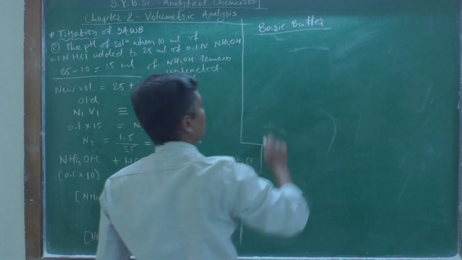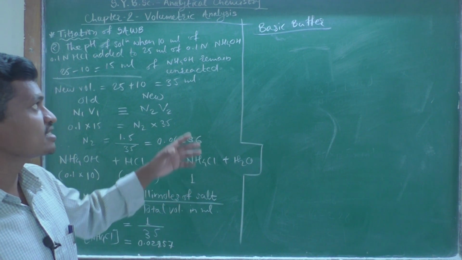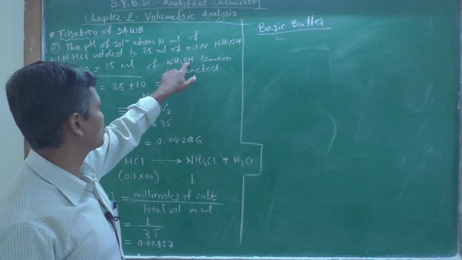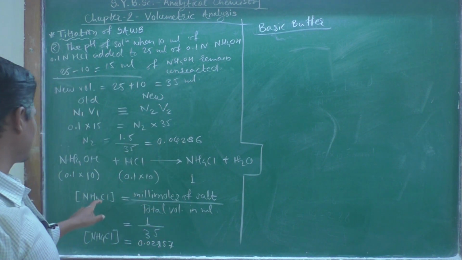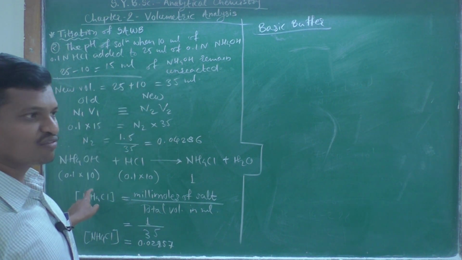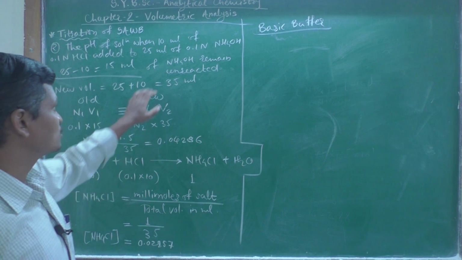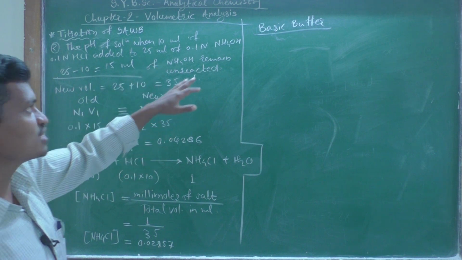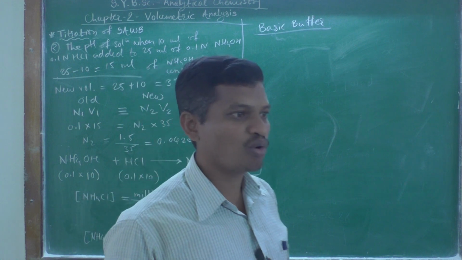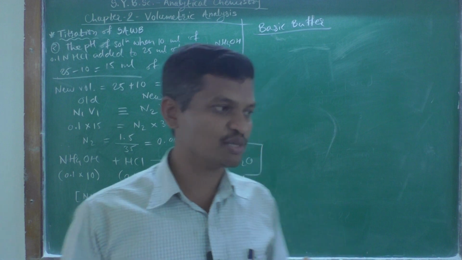A basic buffer is nothing but a combination of a base and its salt with a strong acid. So the base is NH4OH and its salt with strong acid HCl. Okay, so what is the salt? NH4+ is the cation from the base, and Cl- is the anion from the acid. So this combination of these two chemicals forms a basic buffer, and hence we have to calculate the hydroxide ion concentration, that is OH- ion concentration, of this basic buffer.